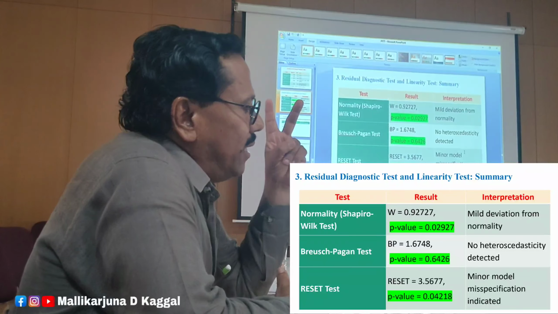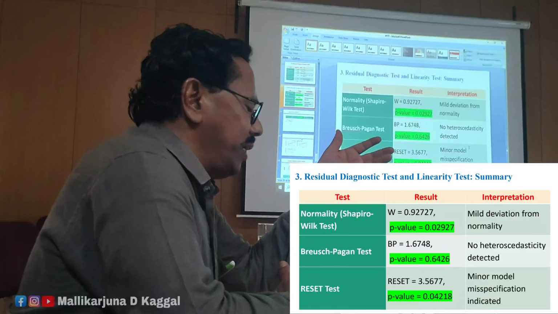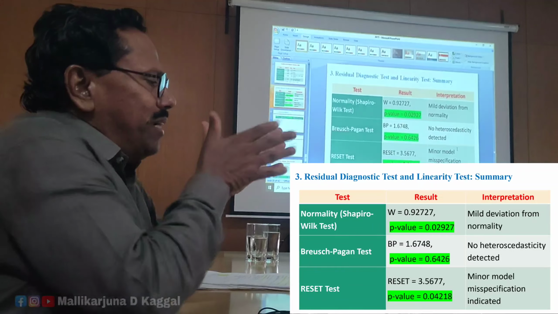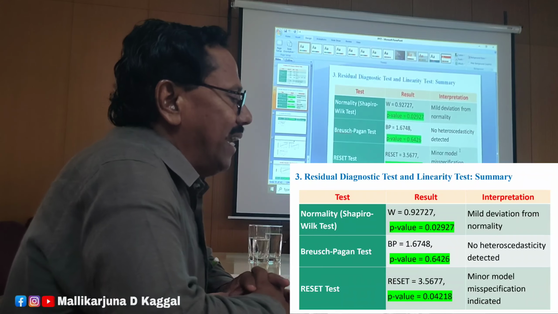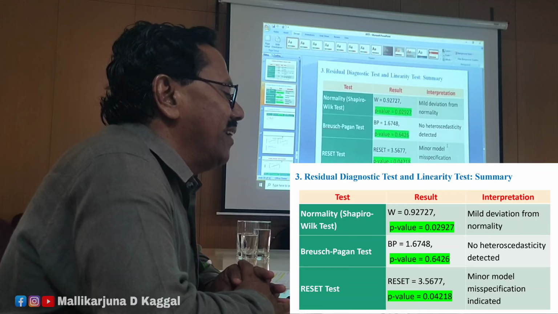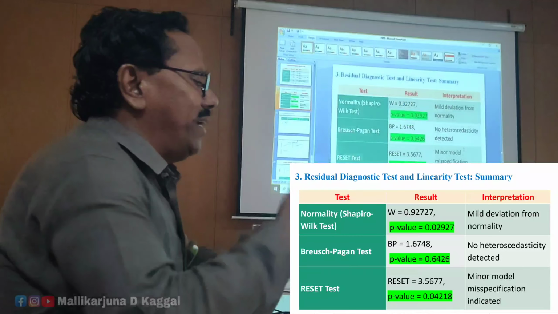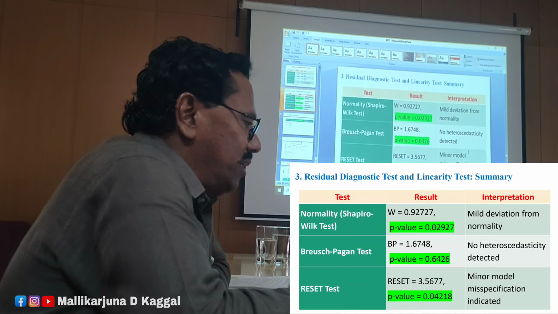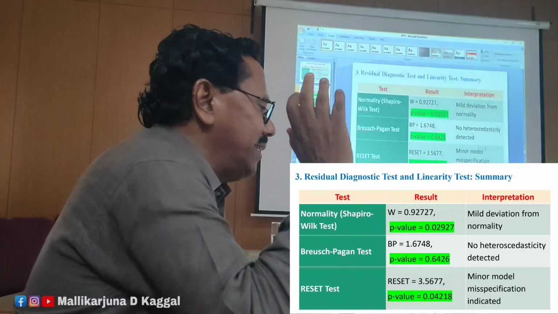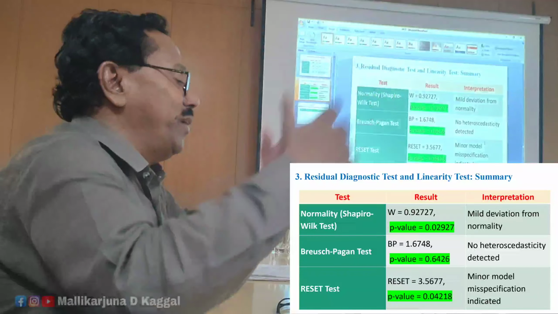Number two, you transform your data into a log function or any other function, so that your data becomes so precise, which will be quite helpful for getting your diagnostic tests satisfied. Or you can go for first difference. Your data should be converted into first difference. These are the three things. Otherwise, you have to explore new variables. This is the last one.